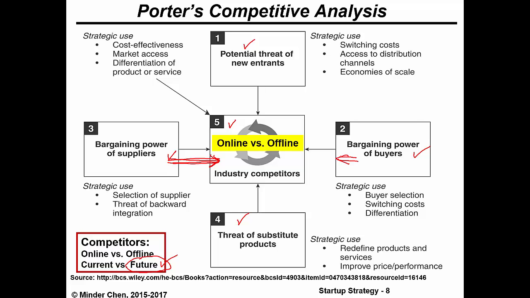A lot of major retailers like Costco, for instance, have their private label, the Kirkland brand. So they do carry other brands, but over time they may establish their own brand and products and compete with you. So this five-force model is very useful.